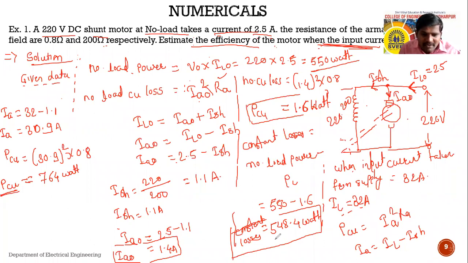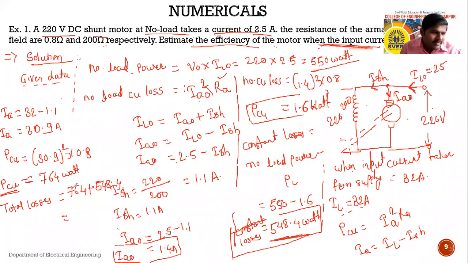Also we have already calculated the value of constant losses. So total losses is equal to the sum of these two, 764 plus 548.4.